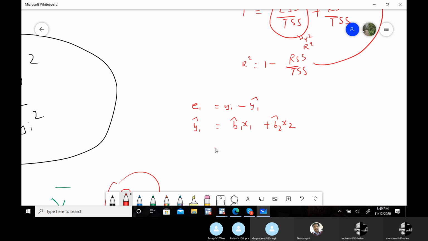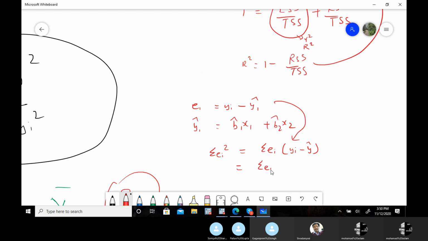Now, taking the summation of the residual, I can write it as y minus y hat, and I am putting this equation here. So ei into ei is ei square, right?